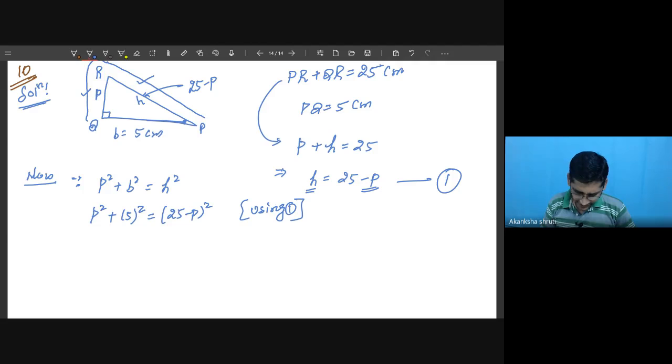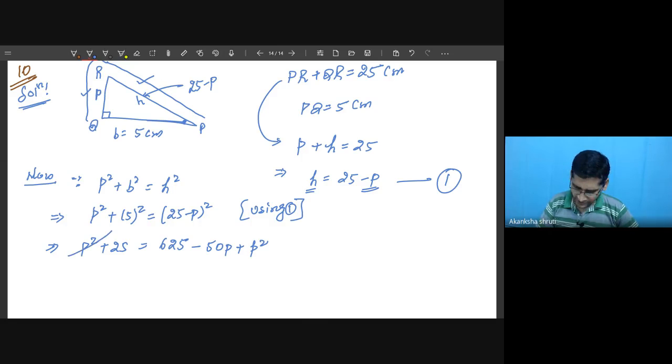Now go for simplifying this. It will become P square plus 25 whole square, so 25 square is 625, minus twice of AB, twice into 25 is 50 of P, plus P square.